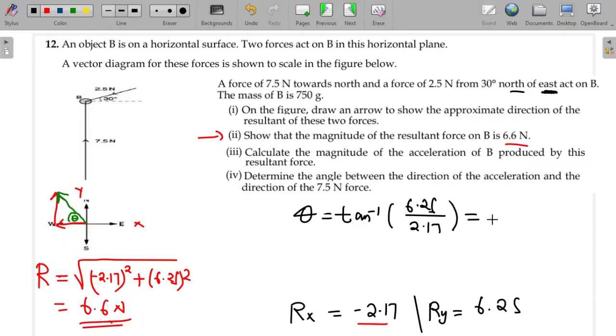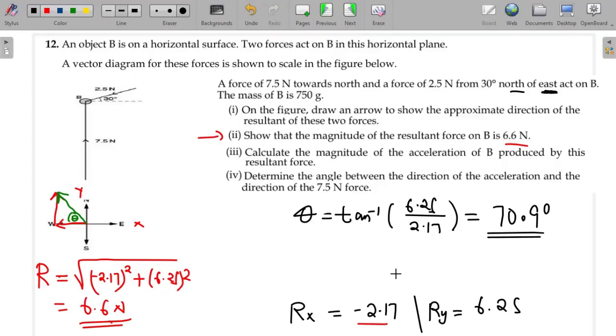So tan inverse of 6.25 divided by 2.17 gives me 70, so the angle there is simply going to be 70.9 degrees.